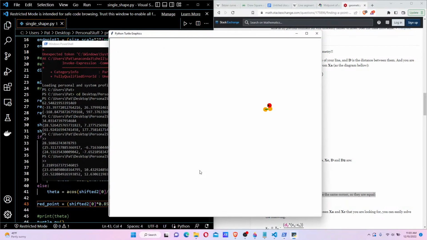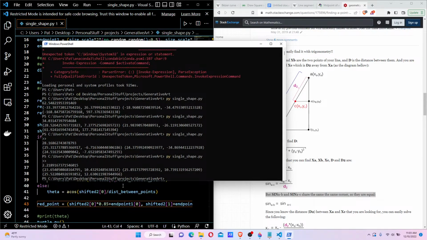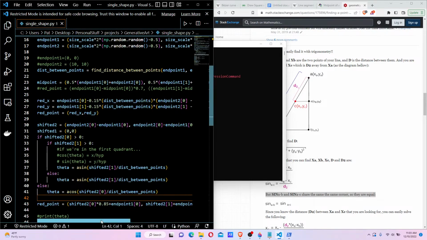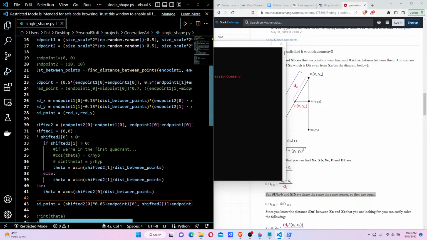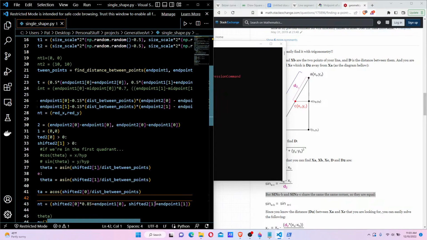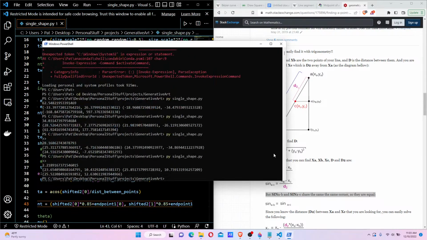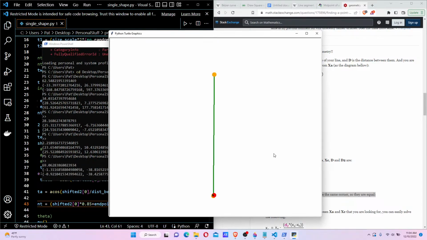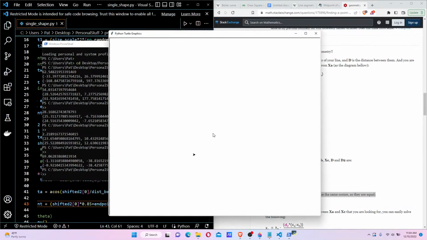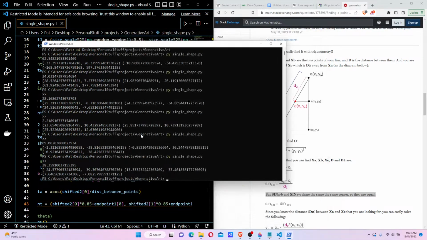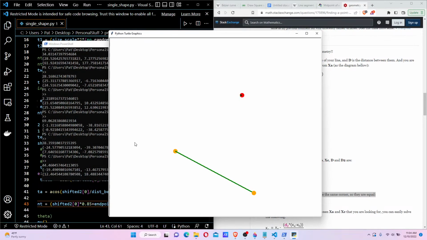Slightly off. Slightly off again. Oh. Shifted to 0 times 0.85. Shifted to of 1 times 0.85. That's not right. That's not right. I don't get it.